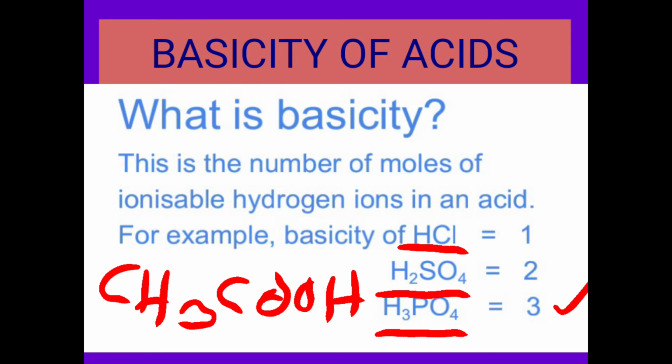Let me write it better. It has a 3 on H and also C, and there are 2 O's here and the H. When you look at that acid, it looks like it has 4 hydrogen atoms in it.